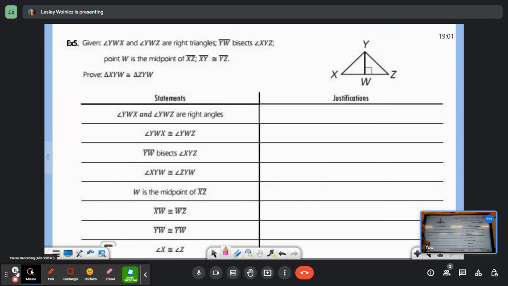YW bisects angle XYZ, so those are congruent. And point W is the midpoint of XZ. And we know that XY is congruent to YZ. Okay, these two are also congruent.